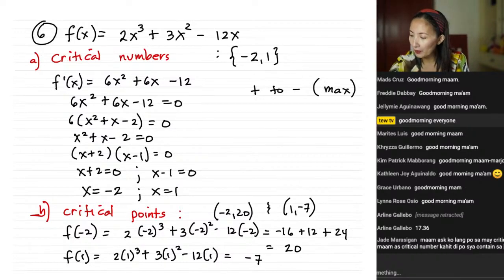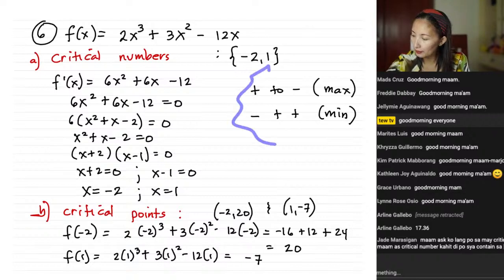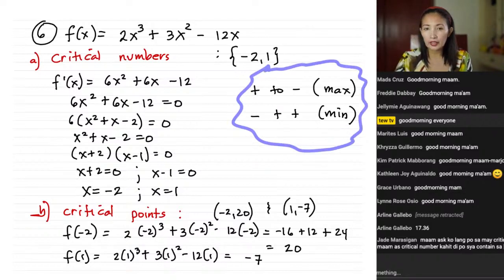From negative to positive, it's a min. First derivative test: if f prime of x changes from positive to negative, it's a max.